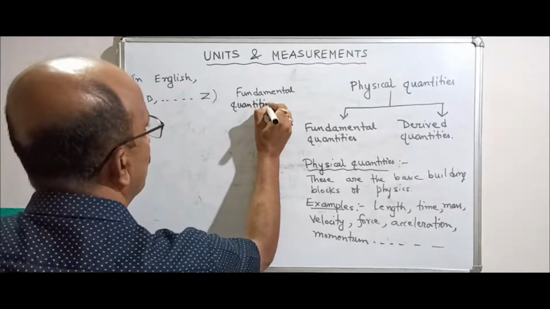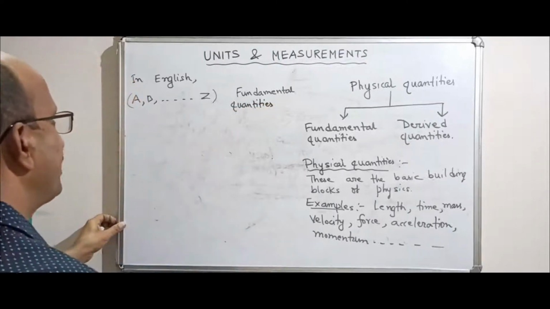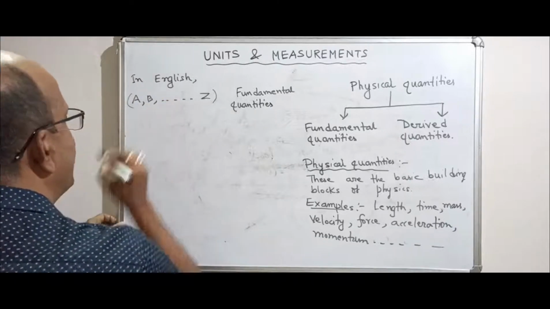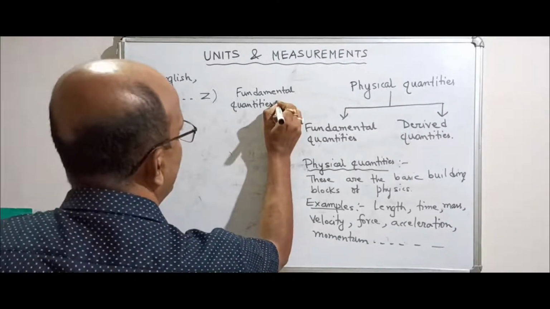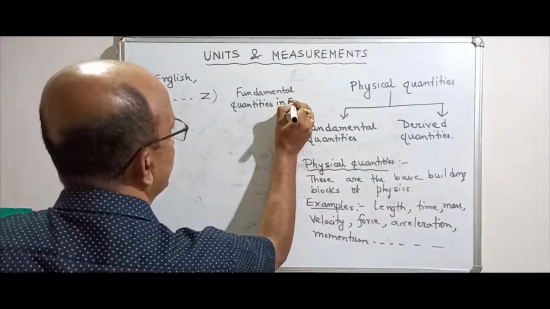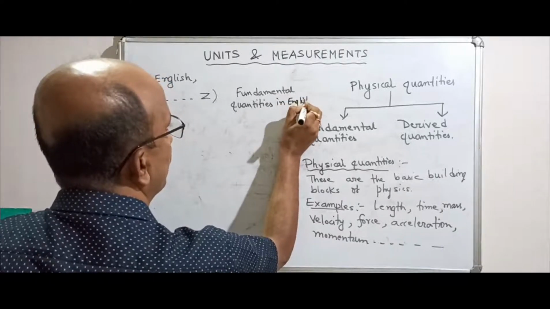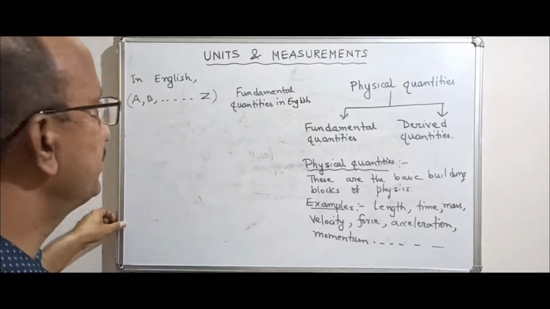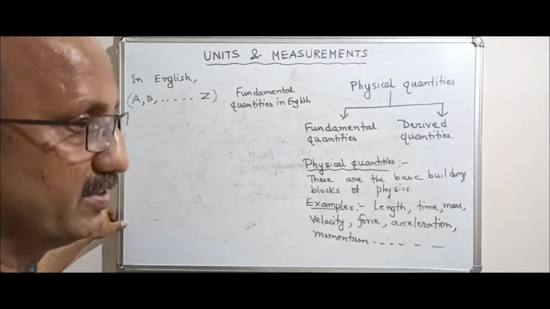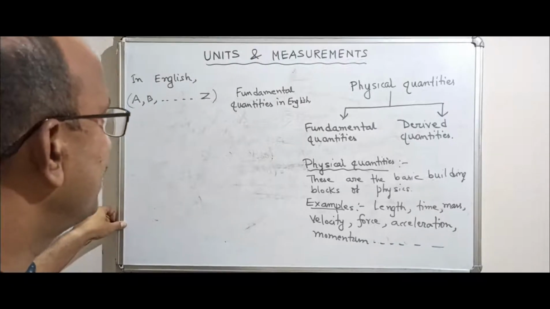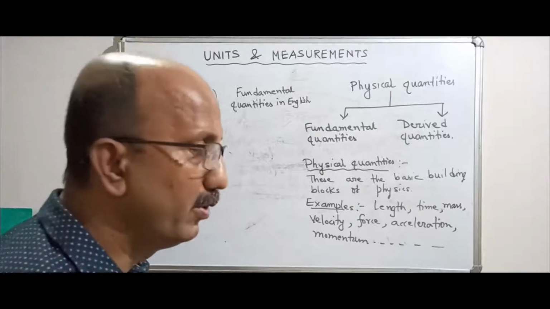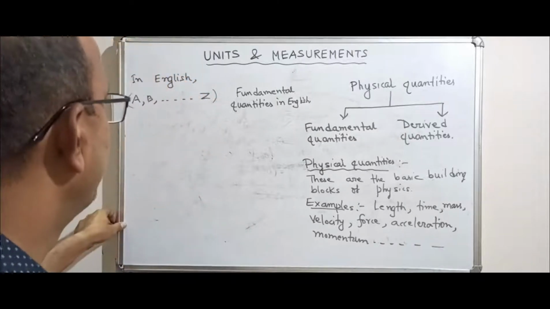If you don't know A, B, C, D up to Z, you won't be able to study English. If somebody asks, what are the fundamental quantities in English? You will say, sir, A, B, C, D up to Z. How many fundamental quantities are there? You will say 26 fundamental quantities.